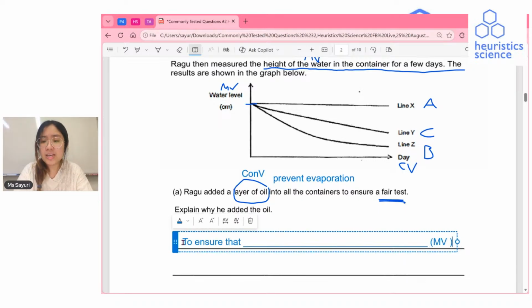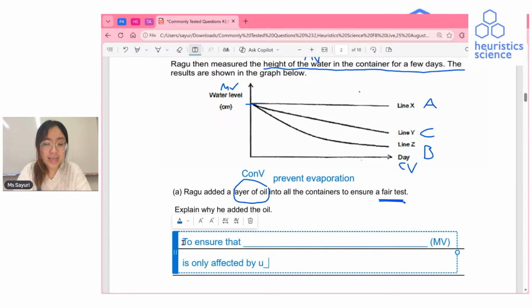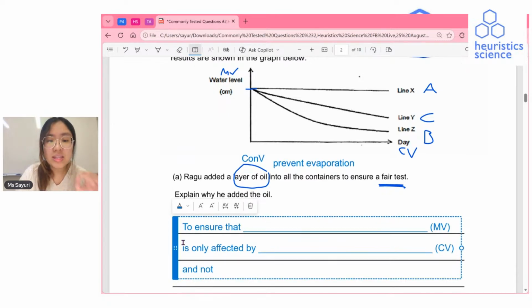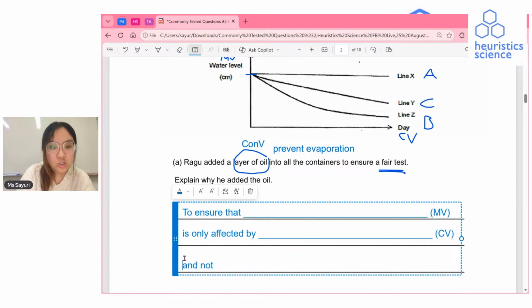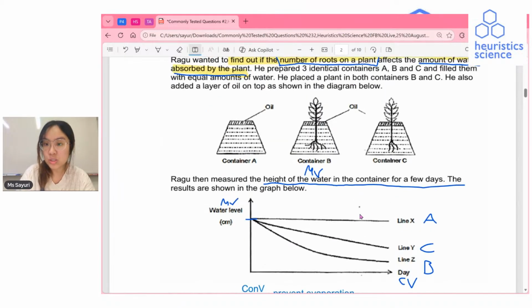So to ensure that your measured variable is only affected by your change variable, and not the thing that you're supposed to keep the same. So this one here, you don't want evaporation to be a variable that affects how much water is left.